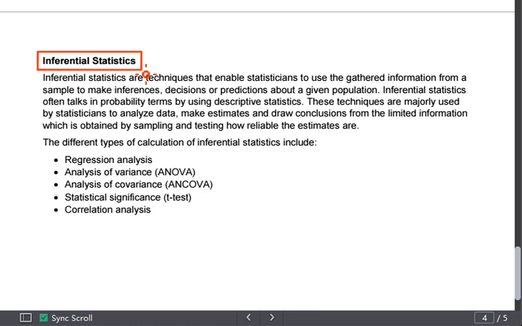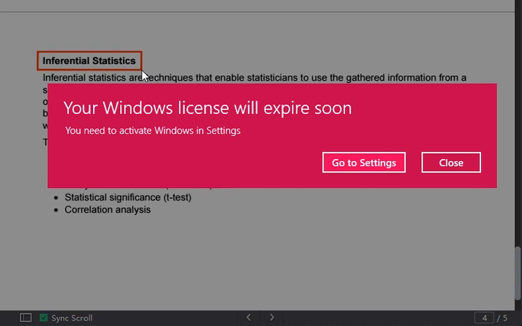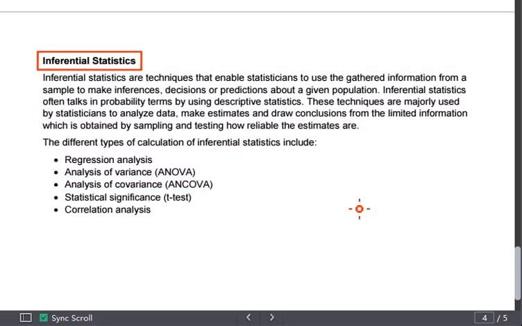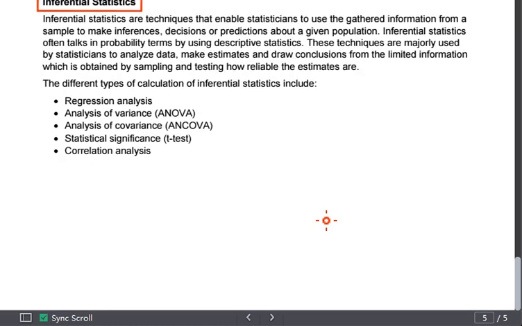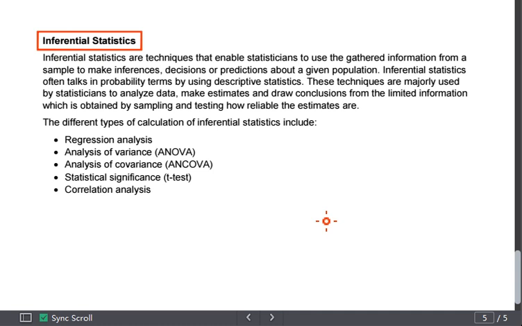So the different types of calculations of inferential statistics include regression analysis, ANOVA, analysis of variance, and then analysis of covariance, ANCOVA, statistical significance, nandito si t-test, and also, kung aabutin tayo, I will also give you the z-test and correlation analysis. So all in all, these are the definition of terms in statistics. And all of this ay mae-encounter natin on our next classes.